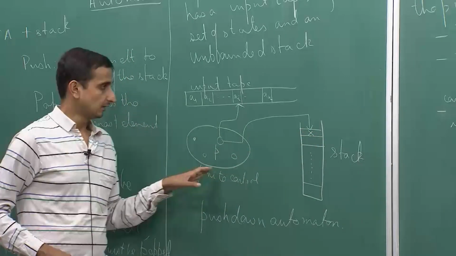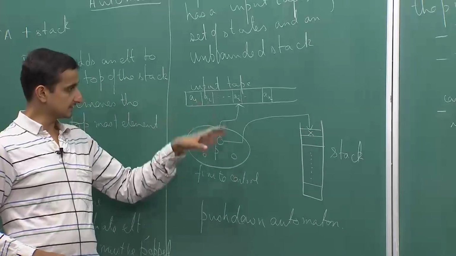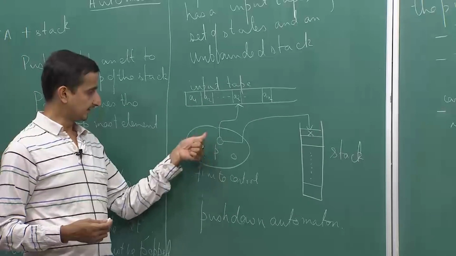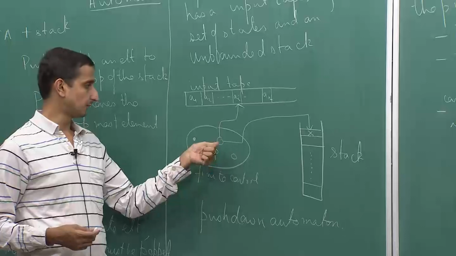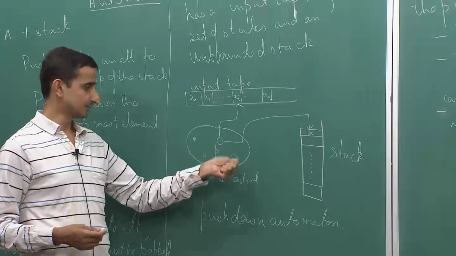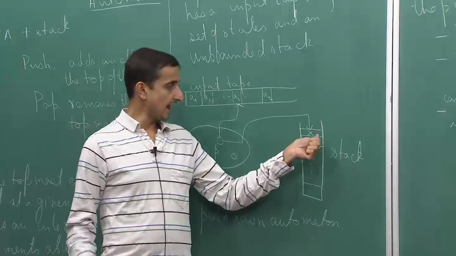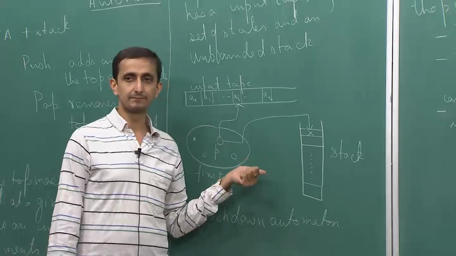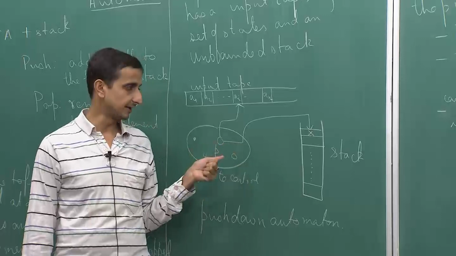Okay. So, now from this position, in the next step it can transit the state. It can go from P to some state Q, and it can change the topmost element from X to some Y. Okay. So, that is how we define a pushdown automaton.